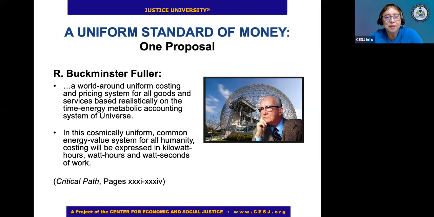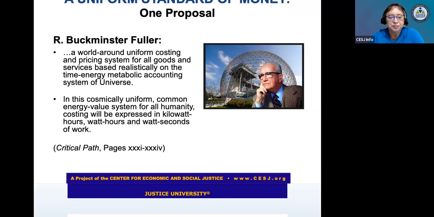One proposal is what Buckminster Fuller was talking about: if we had a global grid where everyone had instantaneous access to anywhere in the world and essentially one price for kilowatt hours, we could use that. I want to say that this is an area that deserves a lot more discussion, and there are other thoughts on that. But the important thing is we have to know what our money is worth, how it's measuring the value of goods and services.